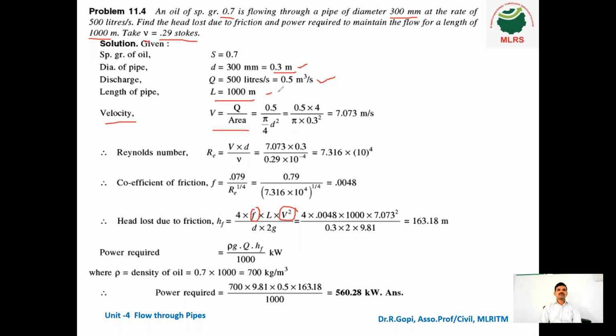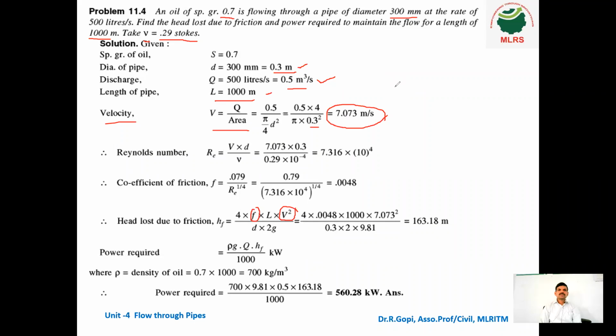In the examination, they always give it in terms of liters per second, so you must convert it into meter cube per second by dividing by 1000. So 0.5 meter cube per second divided by area. Area is pi/4 into d square, where d is 0.3. Finally we got an answer 7.073 meter per second. This is the velocity of flow.